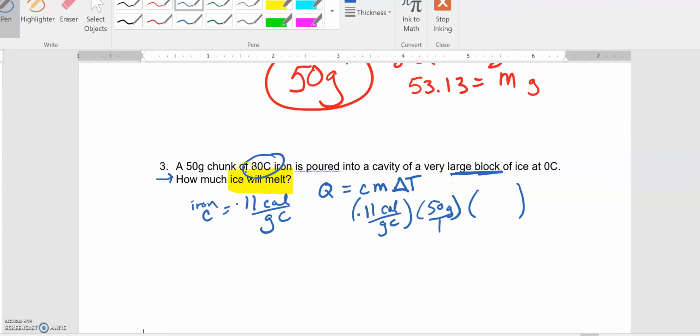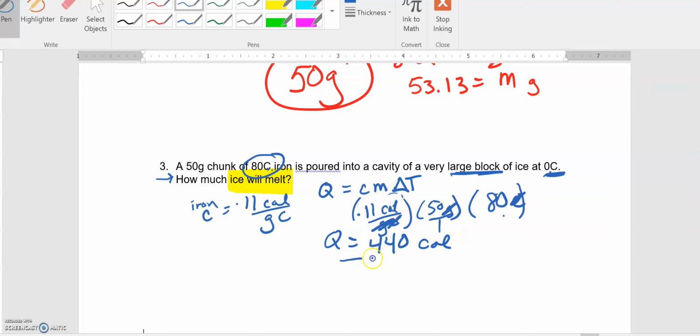So that means the final temperature of my iron has to get down to 0 degrees Celsius. So my change in temperature would be from 80 to 0 degrees Celsius. That's also going to be a change of 80. Okay, my labels take care of each other. So notice this time I'm going to be working in calories again. Multiply those 3 values, and I get 440 calories.